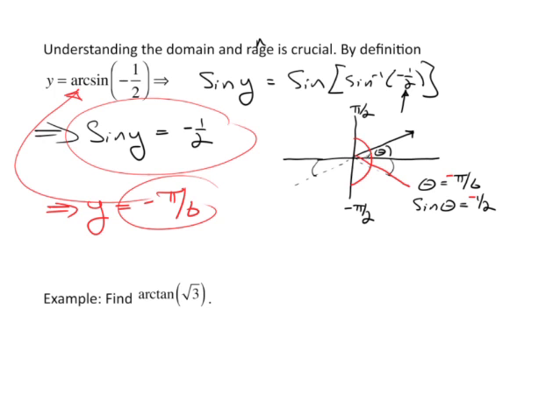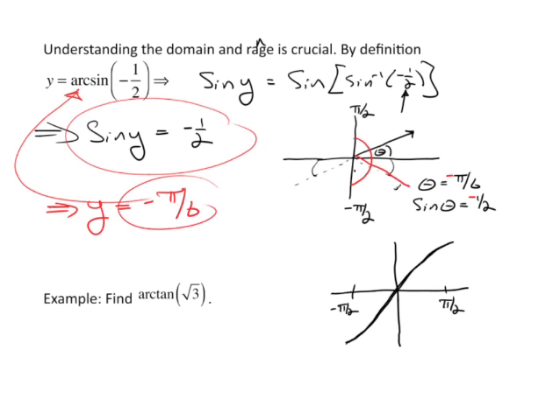See, if I did not take into consideration what the restricted domain for sine was, and let me draw that for you again real quickly here. See, this is my restricted domain for sine that made it one to one.